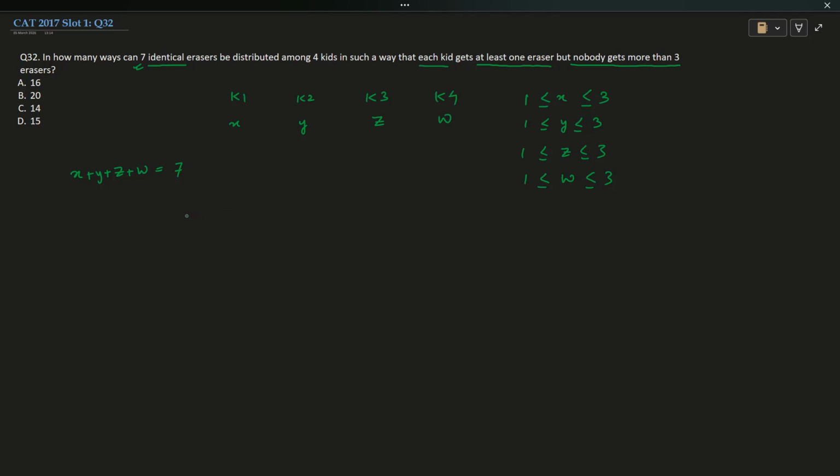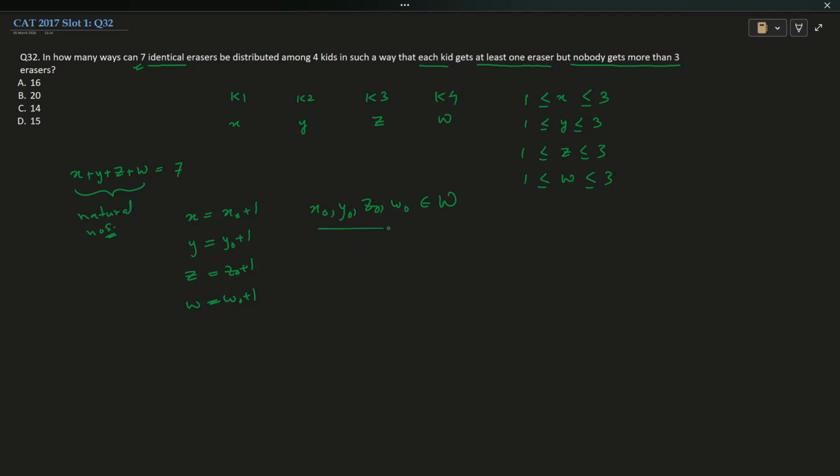Now let's say X = X₀ + 1, Y = Y₀ + 1. And please remember, they will be all natural number solutions. All will be natural numbers, right? You cannot keep 1.5 erasers, okay? Z = Z₀ + 1, and W = W₀ + 1, where X₀, Y₀, Z₀, W₀ belong to whole numbers.